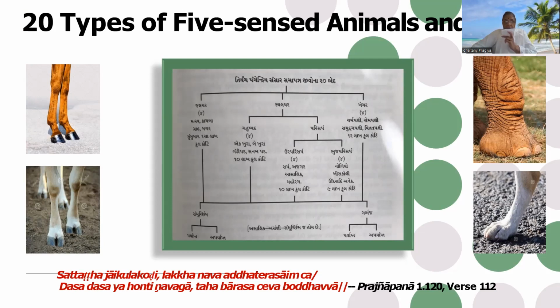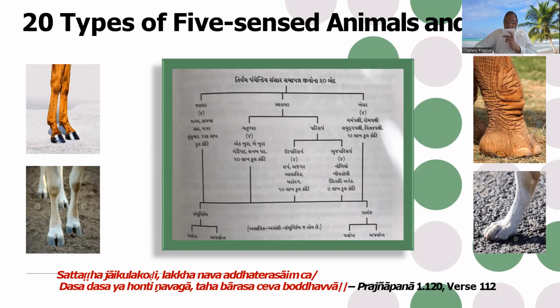Jalchar means those living beings who live in water or take birth in water. Thalchar means those animal beings who are terrestrial, who take birth on land. And Khechar are those who take birth in the air. All types of birds come under this particular category.